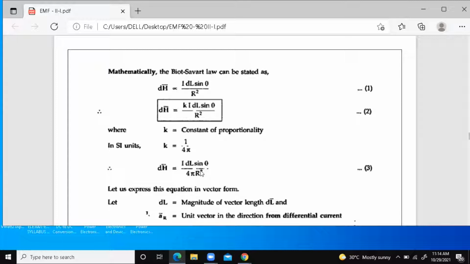In terms of Q over 4 pi epsilon naught R squared, times the unit vector. So you see, there is quite some similarity between dH and dE.